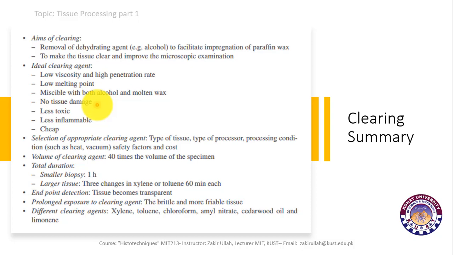The selection of an appropriate clearing agent depends on the type of the tissue, type of processor, processing conditions, for example, the heat, the temperature, vacuum, the safety factors and the cost.